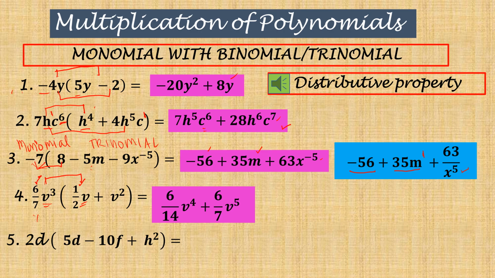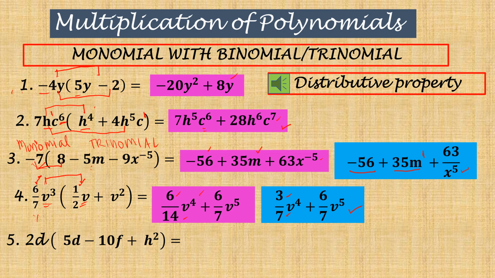Thus, we have a v to the power of 4, while the 6 over 7 times v squared is 6 over 7 v to the power of 5. So therefore, could this be final? No, because the 6 over 14 can still be simplified. This can be divided by 2. It gives you a 3, and then 14 divided by 2 gives you a 7. So therefore, this is our final product.